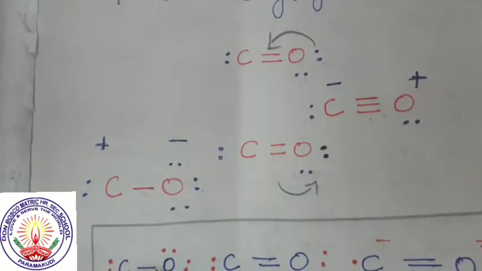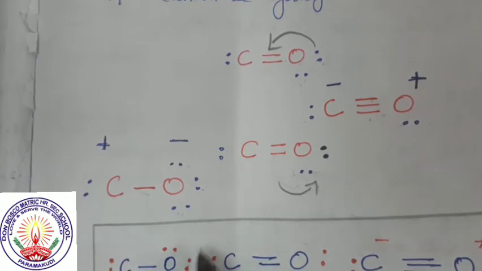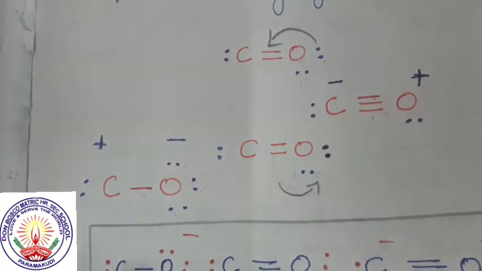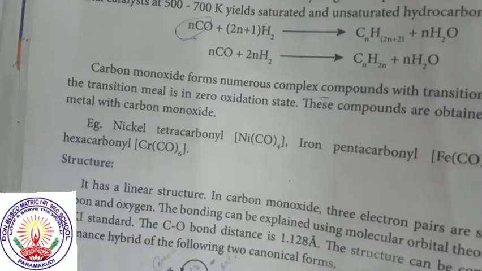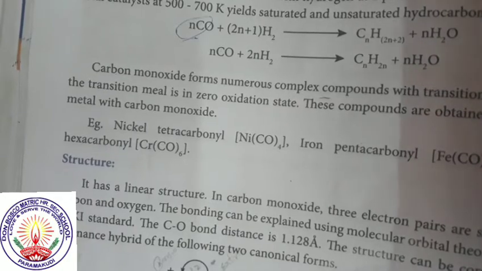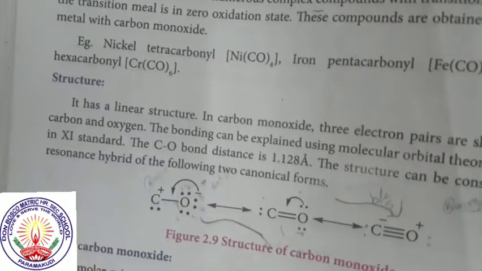Here more than its electron count bears a negative sign, and here less than it bears a positive sign. So look at the structures here.